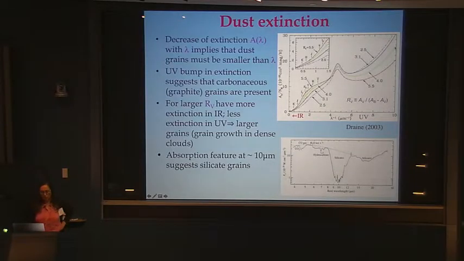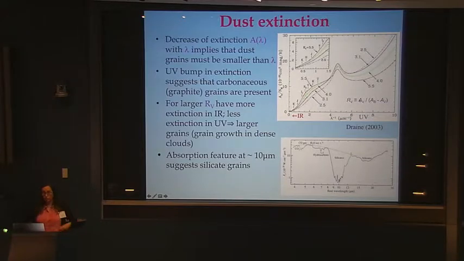And first of all, the total extinction is decreasing at longer wavelengths. So this direction over here is towards the IR, towards longer wavelengths. The fact that extinction is decreasing is telling you that grains must be quite small.